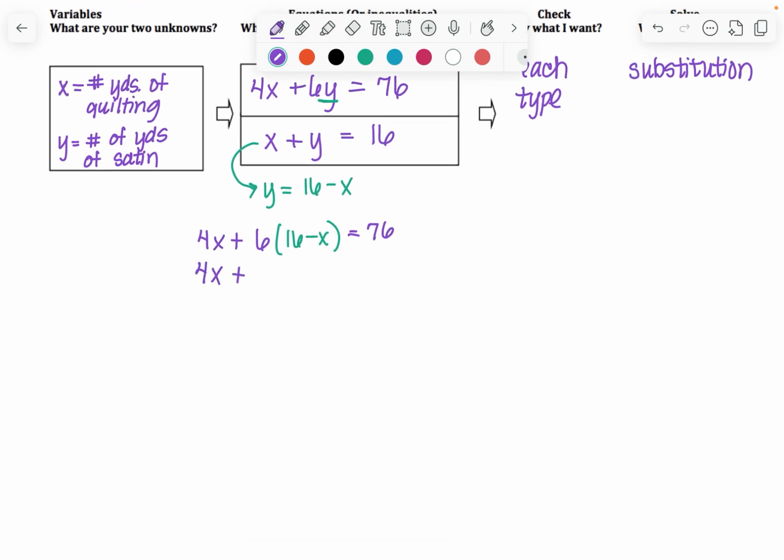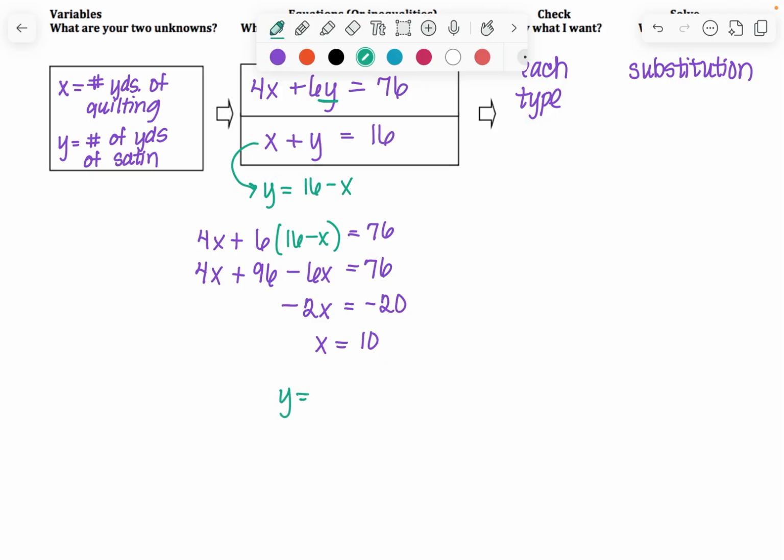So 4x plus 96 minus 6x equals 76. When I combine like terms here, I'm going to get negative 2x. And if I subtract 96 from both sides, I get negative 20. So we get that x is equal to 10. And since I needed each type, I do need to solve for y.